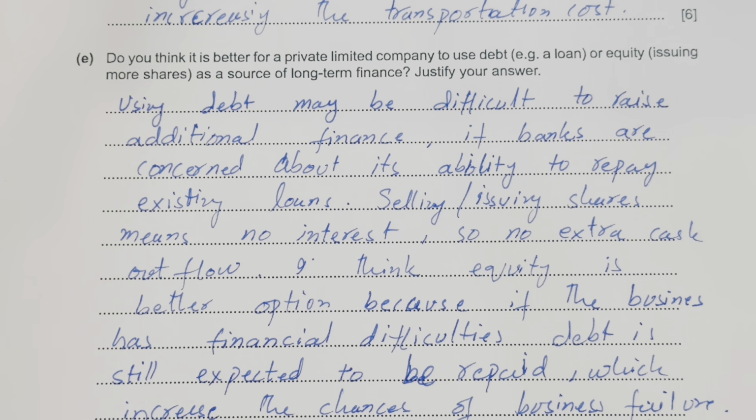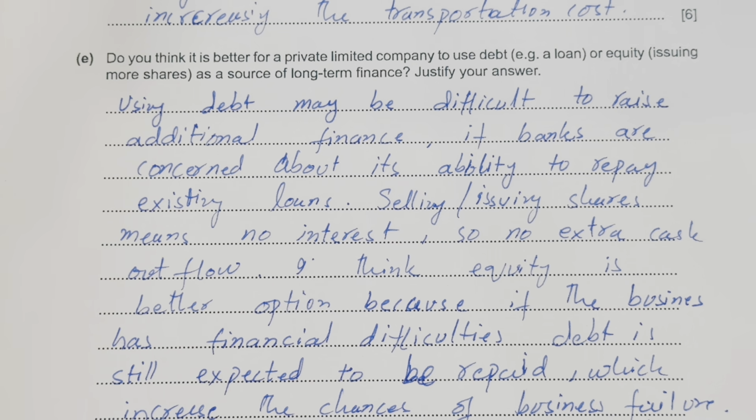Using debt sometimes might be difficult to raise additional financing, because banks require guarantees and are extra concerned. Or if they agree to give you some debt, their interest cost will be much higher. So it would be very difficult to take.